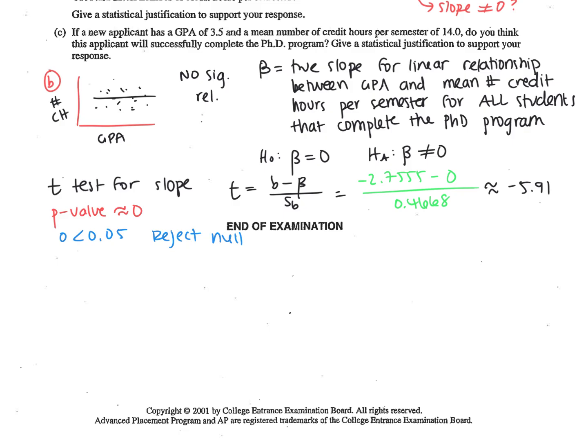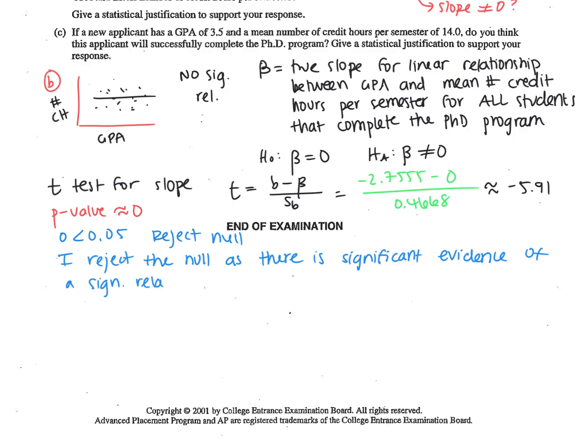And if we write a conclusion, I reject the null. As there is significant evidence of, and then I'm just going to copy the wording directly from the question. Significant evidence of a significant relationship... Can somebody open that, please?